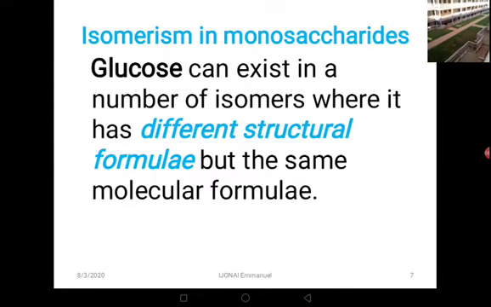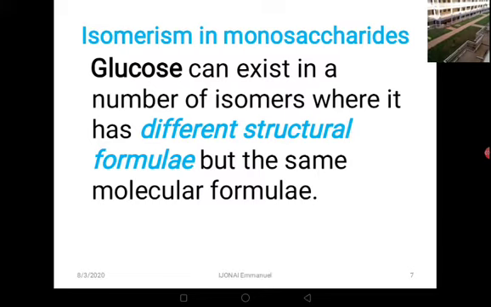Thank you very much. Let's proceed to look at what we call isomerism in monosaccharides. You remember the word isomerism, or isomers, from your O level. We defined it in chemistry as the existence of molecules with two or more structures derived from one molecular formula.